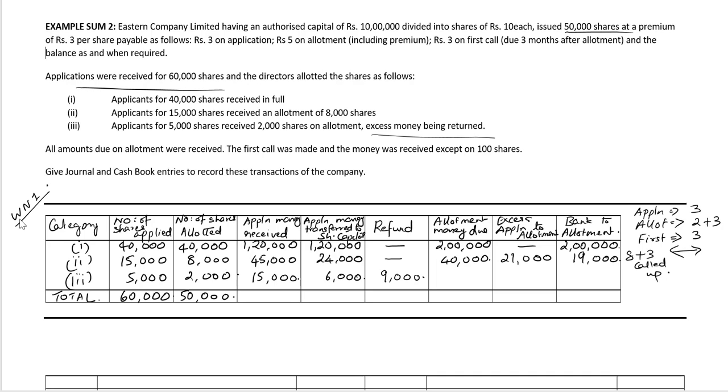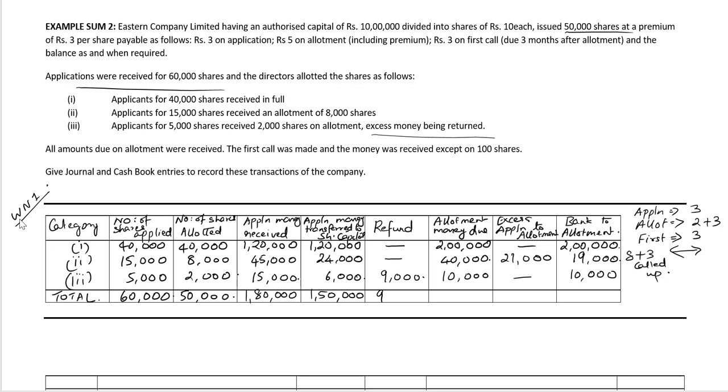Allotment money due, 2,000 shares allotted multiplied by 5 rupees per share, 10,000 rupees. Excess application to allotment is nil and bank to allotment figure is 10,000 rupees. The total of application money received column, 1,80,000 rupees. The total of application money transferred to share capital column, 1,50,000 rupees.